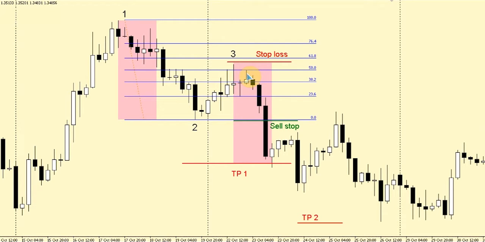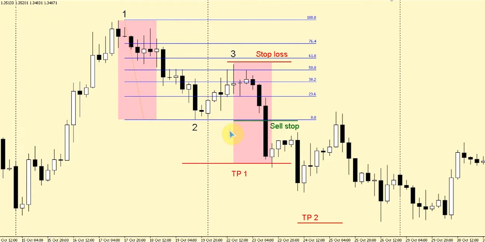The pattern is quite simple, however, it allows you to find surprisingly accurate levels of entry into the market and exit from it. So let's look at the principle of trading these patterns.